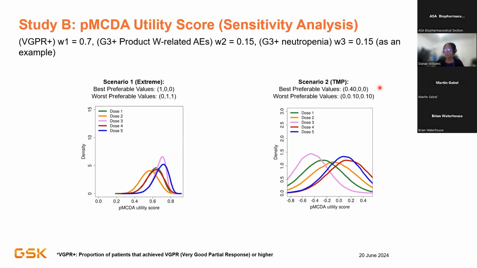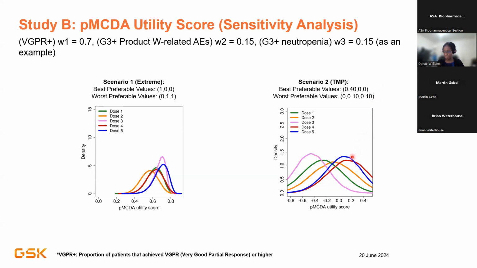But the worst preferable values would be the opposite, where again, no patients experience or achieve that VGPR or higher, and at least 10% of patients or higher had experienced either of these risks. And in this case, what they're deeming to be the optimal dose moving forward would actually be dose 5, which is represented in this blue curve right here as well.